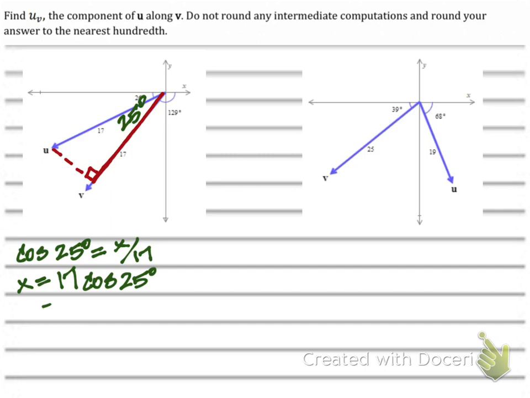So really, we're using a formula for something we could have done without a formula, just using our normal trig. So 17 cosine 25, to the nearest hundredth, is 15.41. The magnitude of u cosine theta. So remember that 15.41 is just this piece, but that whole vector is 17.